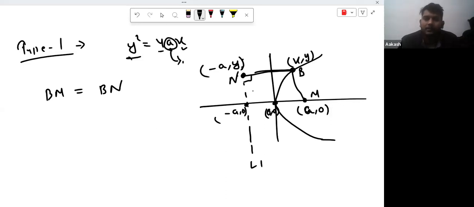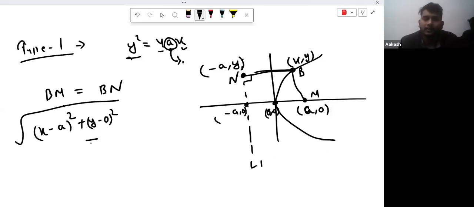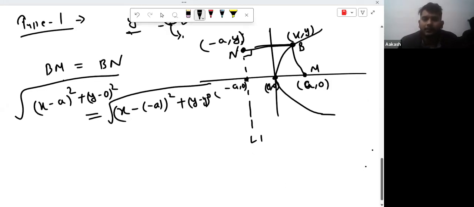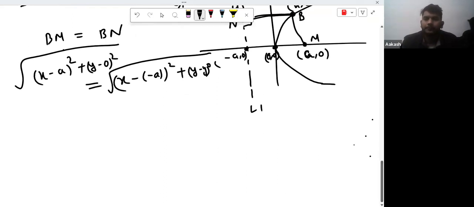It's perpendicular. Okay. So BM is square root of x minus a whole square plus y minus 0 whole square, right? Distance formula. And this is equal to BN, so square root of x plus a whole square plus y minus y whole square. This step is clear? Let's simplify. We can cancel out the roots with no issue.